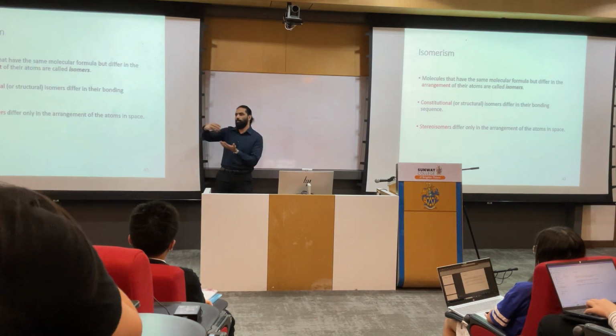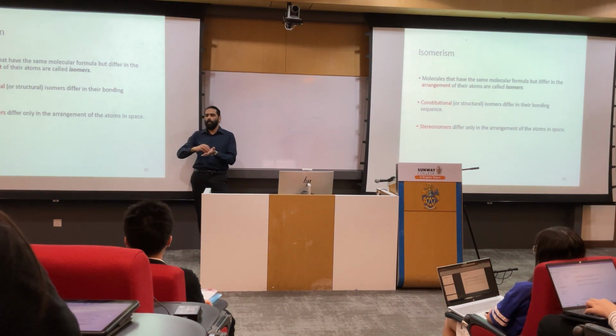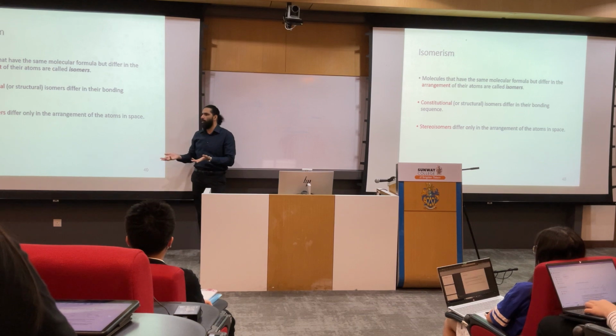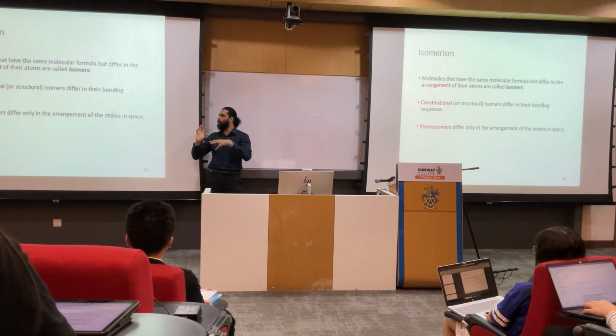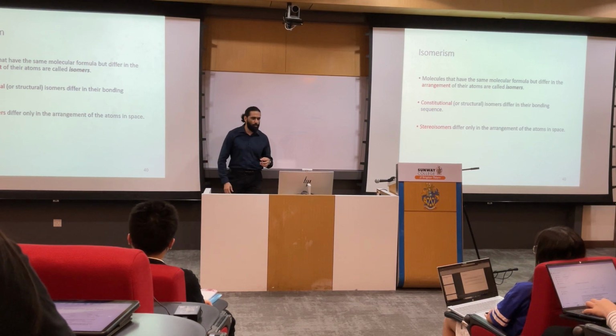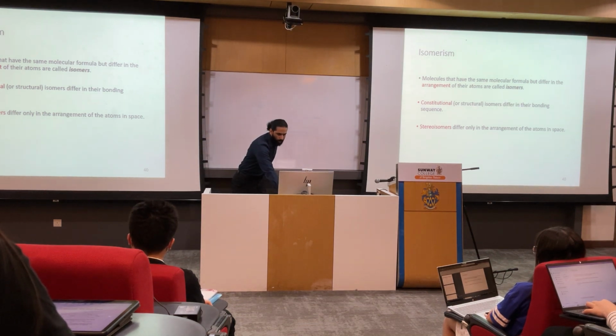If you take this and put it this way, what will happen? If you take this and put it with that, what will happen? That is covered in constitutional isomers. While the orientation in space, the 3D aspect of the structure, is mainly covered in stereoisomers. The term stereo actually means 3D, or space. While constitution means to constitute, I guess, so it comes from their composition. We will look at a few examples and you will probably remember a lot.